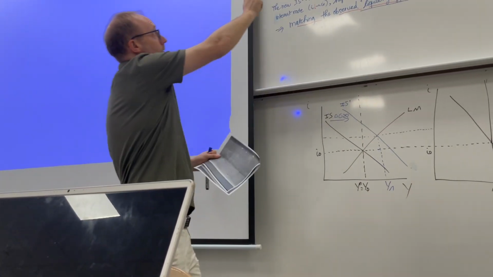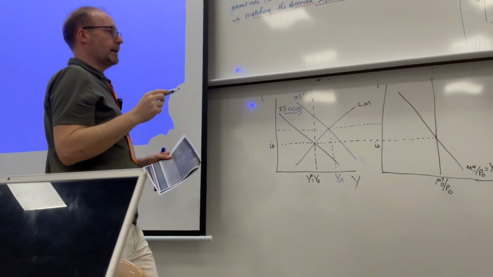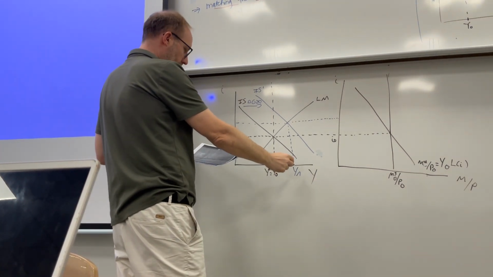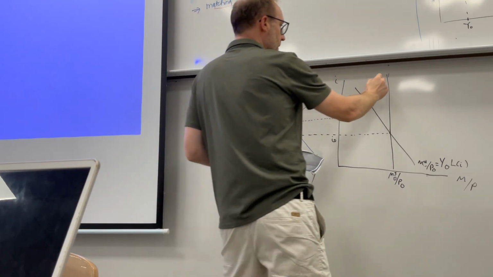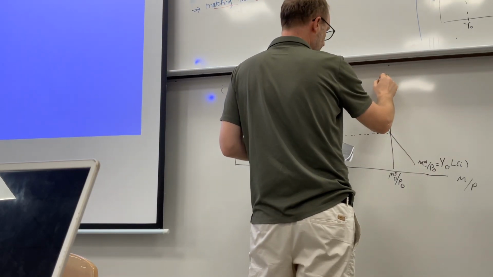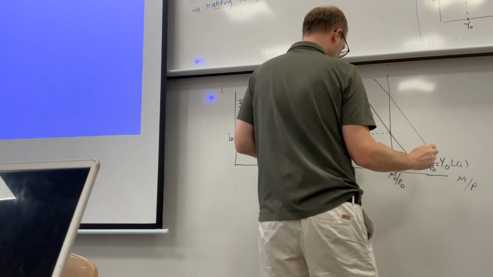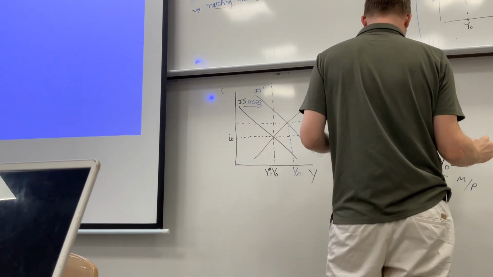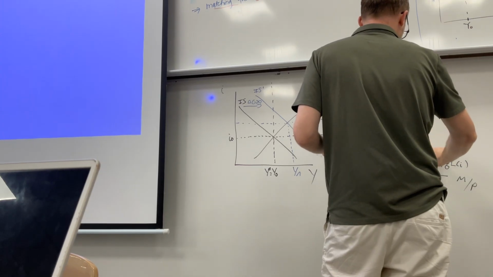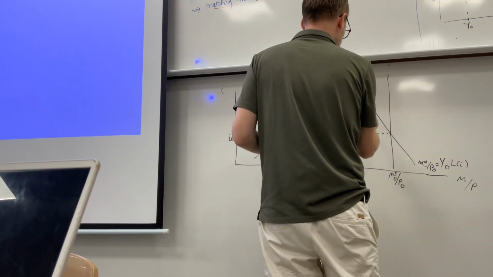All right, now we can think, so this is like the icing on the cake here. Let's see, right, we have a shift in Y. Y has gone up, so we know that money demand has also shifted out. How much has it shifted out?